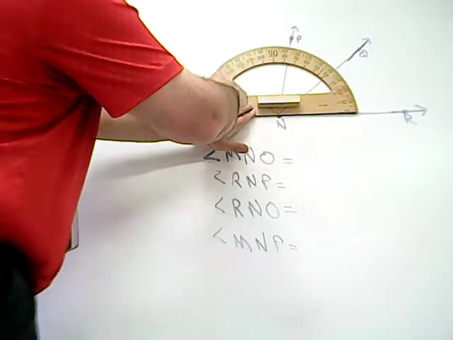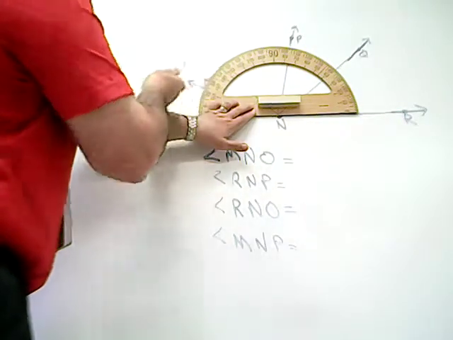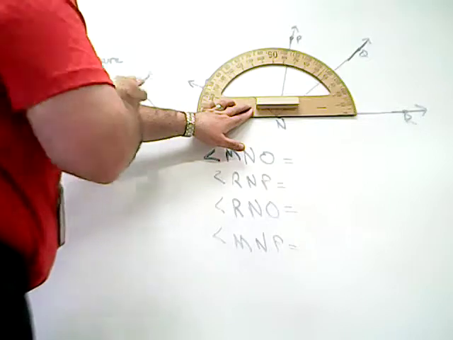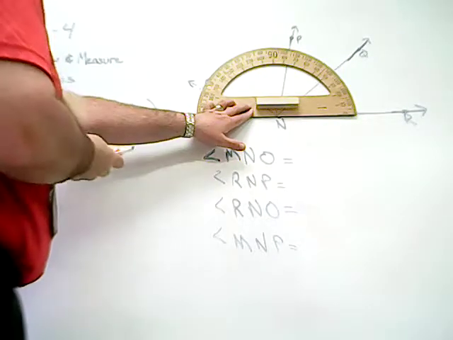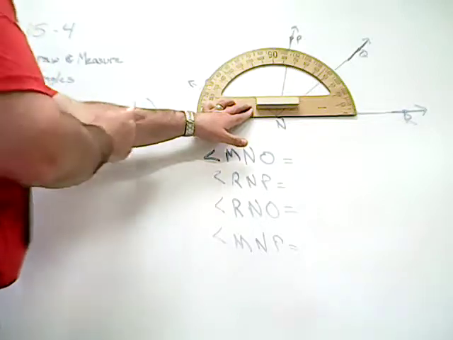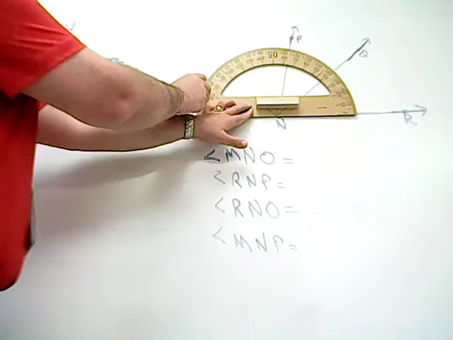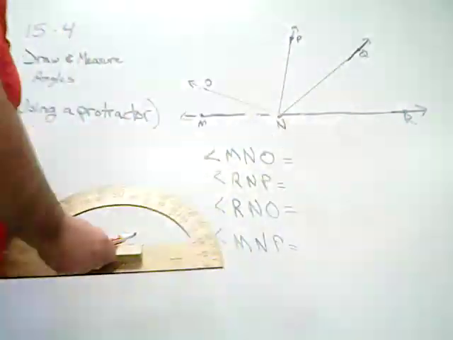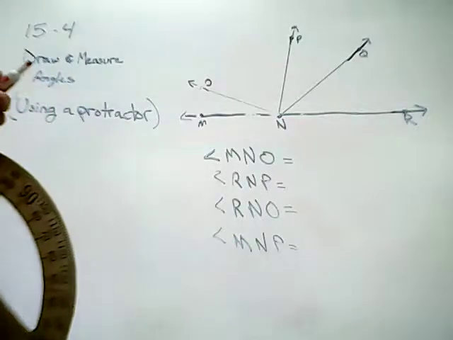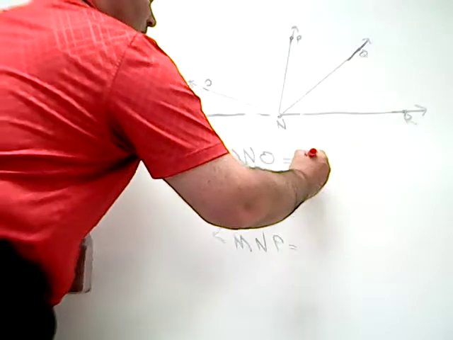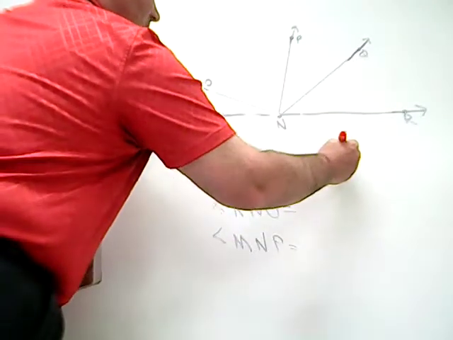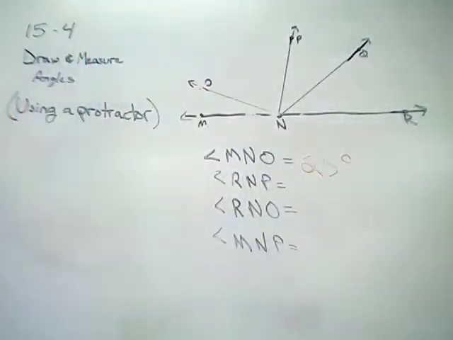And I see that MNO goes and falls right between my 30 and my 20. So 10, 20, 30. The number right between 20 and 30, exactly halfway, would be 25. So the measure of MNO would be 25 degrees.